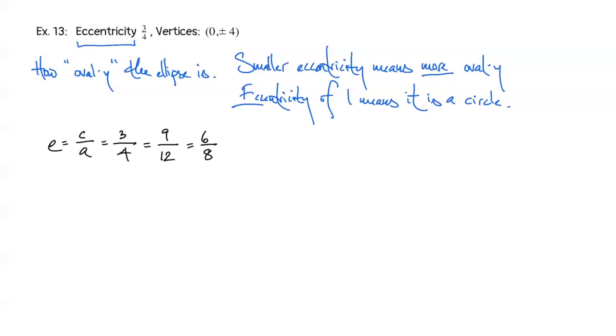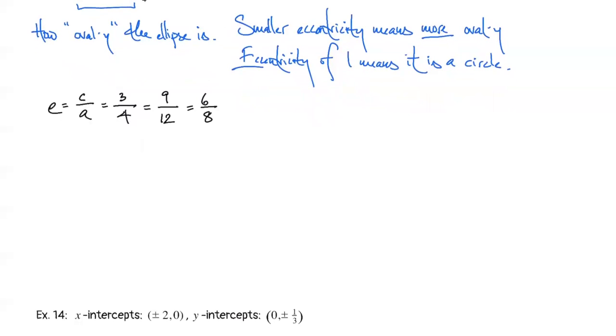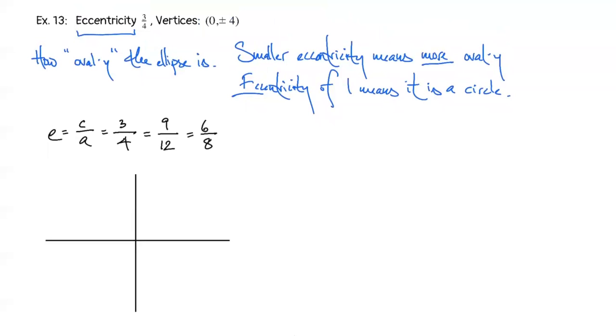So to answer the question, we're going to draw a picture. Surprise, surprise. So if I sketch a quick picture, and I think about the other piece of information I'm given, the vertices. The vertices are at 0 plus or minus 4. So here and here.